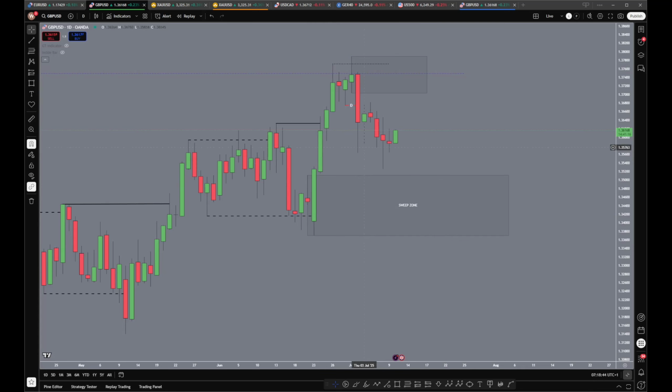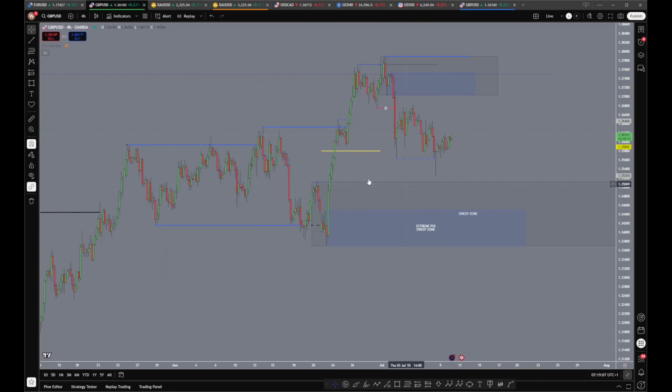But the small internal is clearly showing signs of bearishness, and we've had a deep pullback, which has gone past the equilibrium. So we have mitigated the discount, but we've not mitigated any demand zones in here, at least not on the daily.